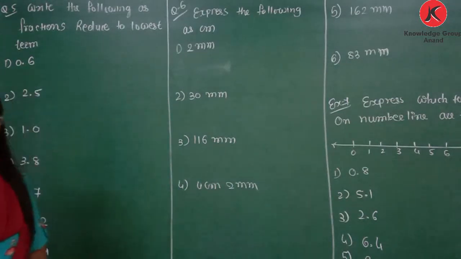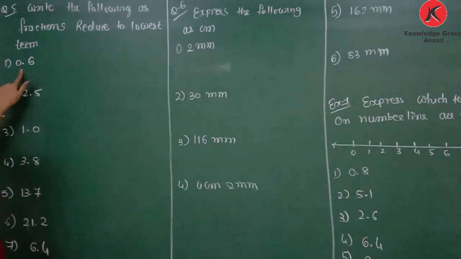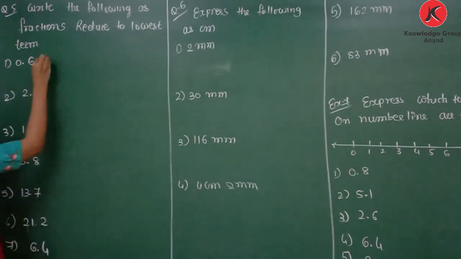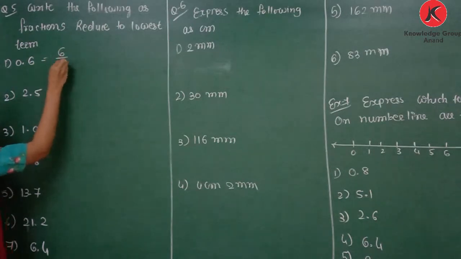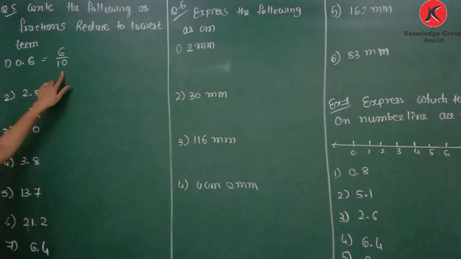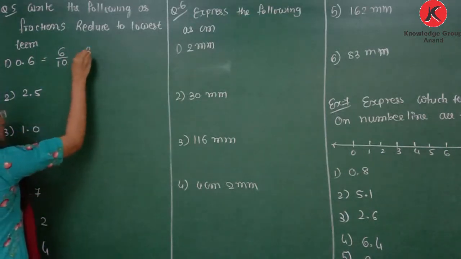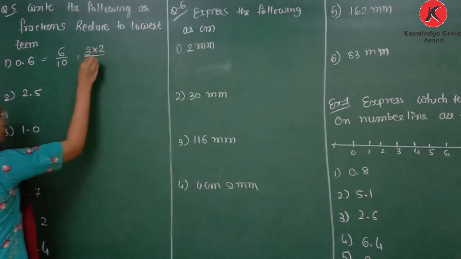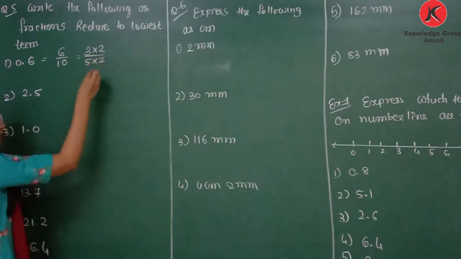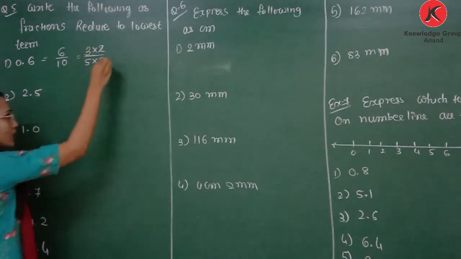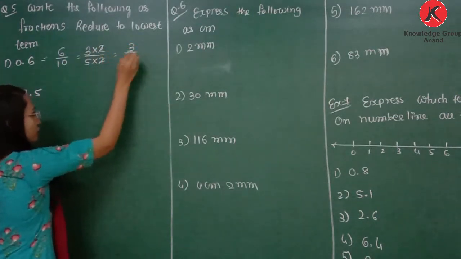So you will get the simplest form. So let's start with the first, 0.6. So here 0.6 as a fraction can be written as 6 by 10. Now this is not the simplest form because there is a common factor. Here factors of 6 are 3 twos and of 10 are 5 twos. So common factor 2 will be cancelled out. So it is 3 by 5.